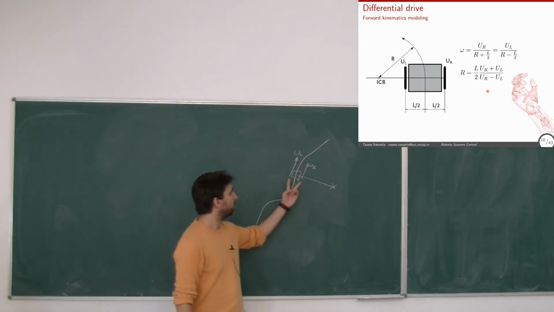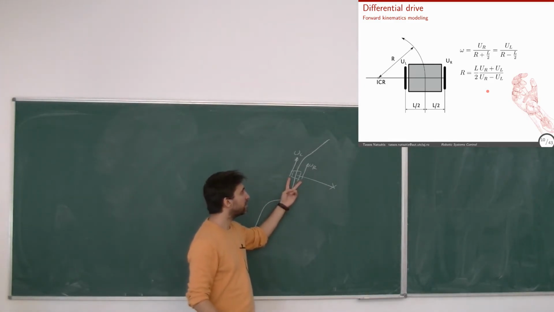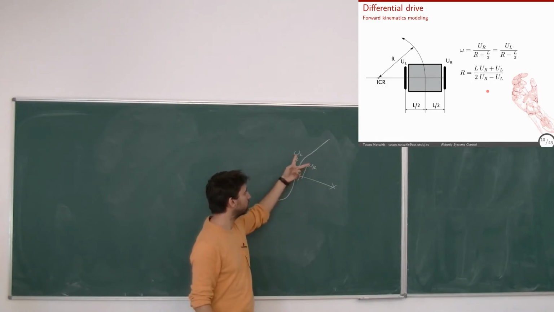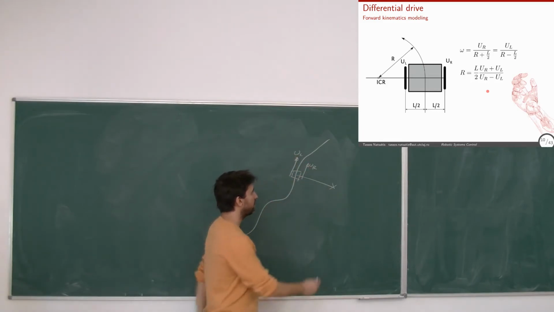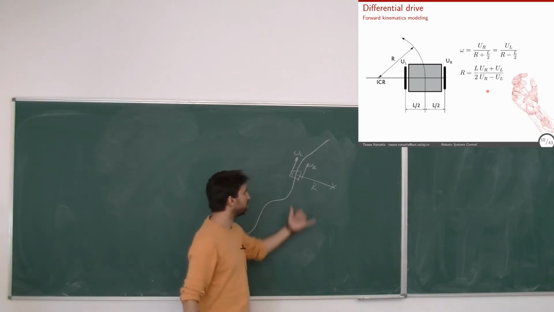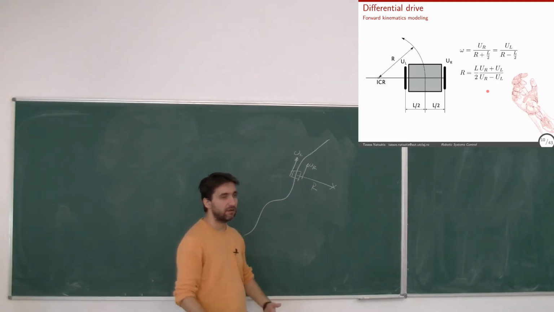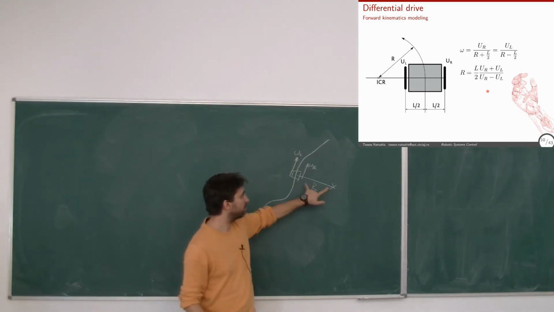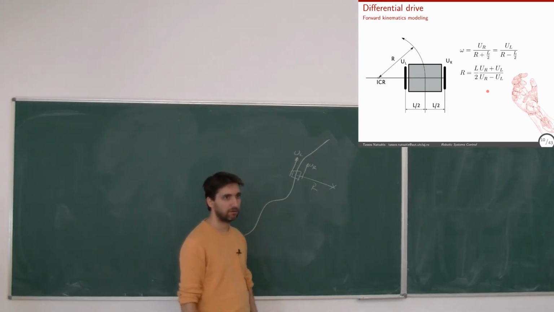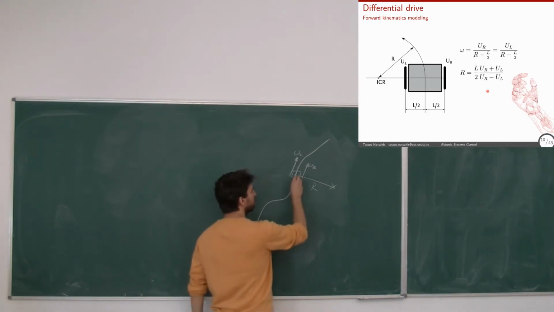But what would be different, let's say, for different sets of good solutions for these two values, for this instantaneous center of rotation? What else can I change while keeping the same R? The linear velocity, right?